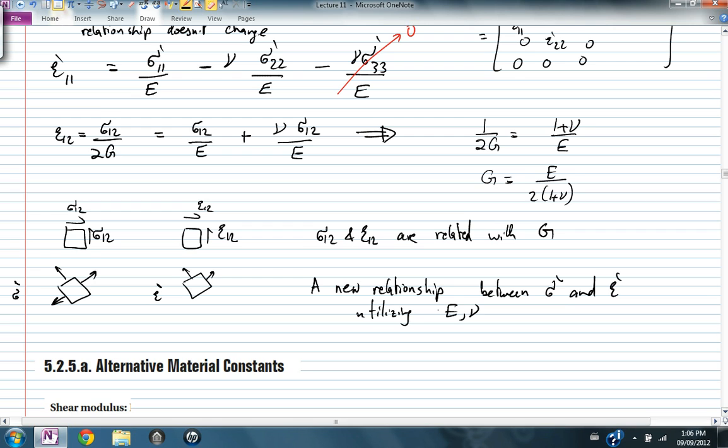And by relating these two stresses together and these two strains together using the matrix functions that we learned in linear algebra, we can relate E, nu, and G.